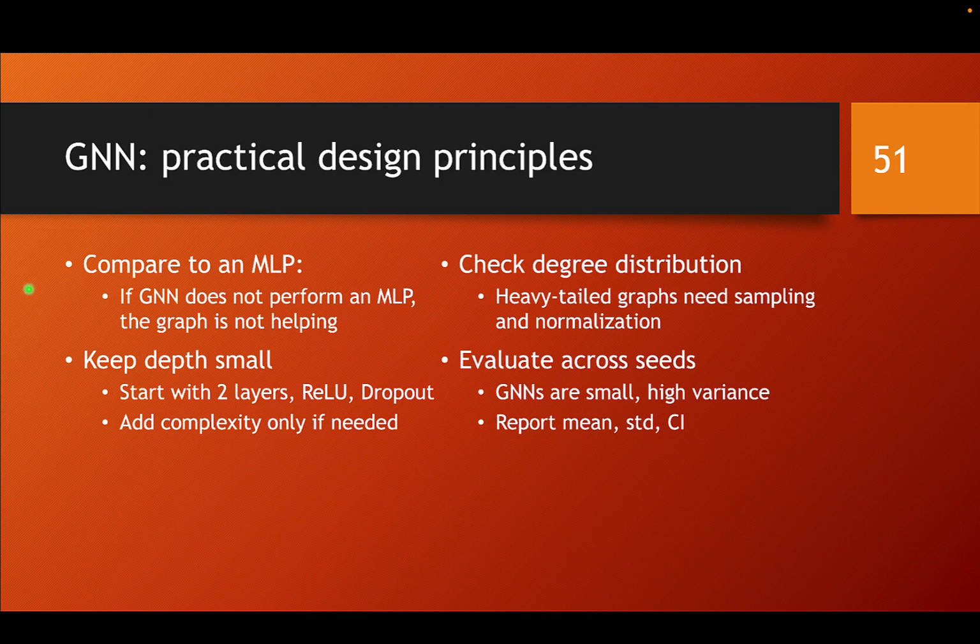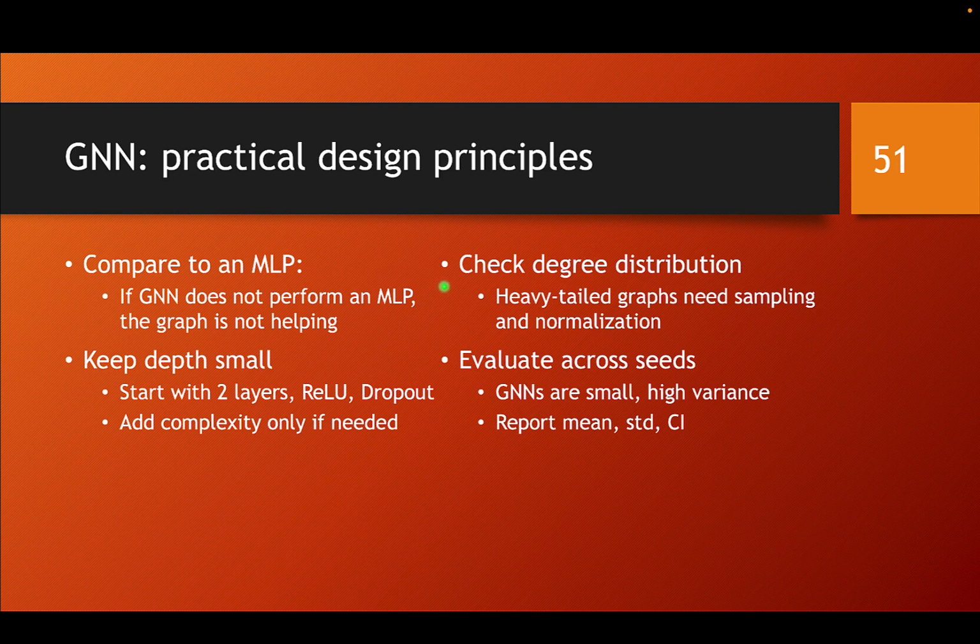In graph neural networks, if you want to think about practical design principles, the rule of thumb is that you should compare to a baseline. For example, compare it to a multi-layer perceptron. And if the GNN doesn't outperform an MLP, the graph is not helping. The other one is keep the depth small. Start with just 2 layers and apply ReLU and apply dropout, and only add complexity if you really need.